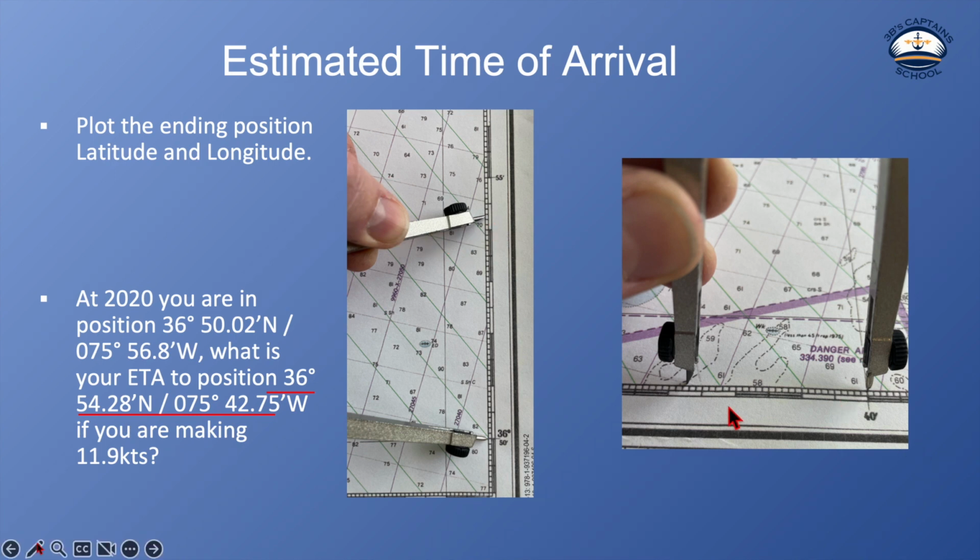And then my longitude down here is 75 degrees, 42.75 minutes west. So at 75 degrees, 40 minutes, you can see the 40-minute line here, that goes all the way up the chart.